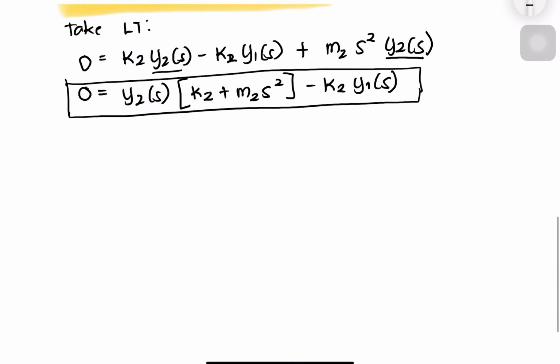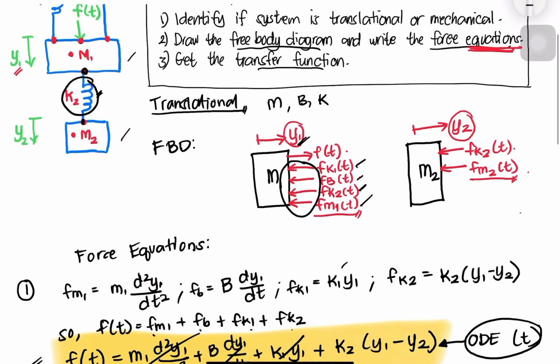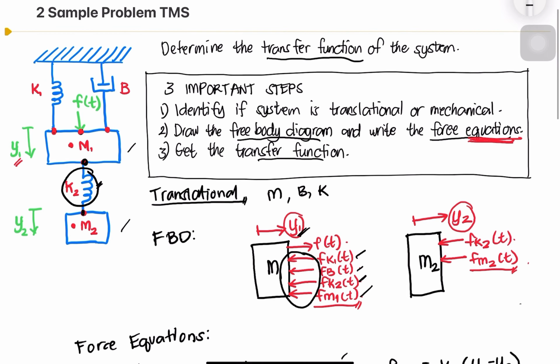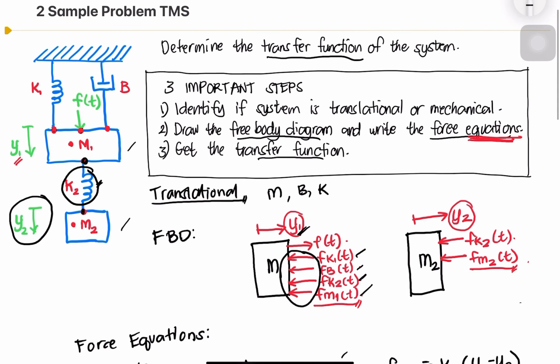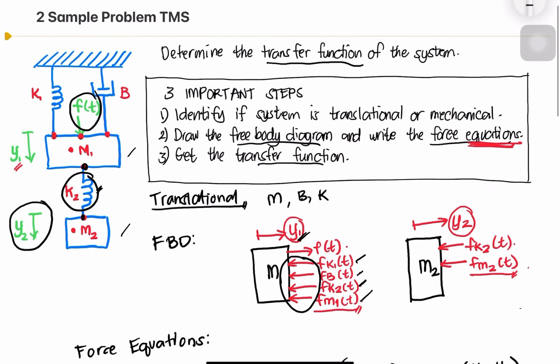So, since transfer function, sabi natin dati, is equal to the Laplace transform of output over the Laplace transform of input. Where, ano ba yung output? Ang output natin dito is Y2. And ang input natin is yung Ft.